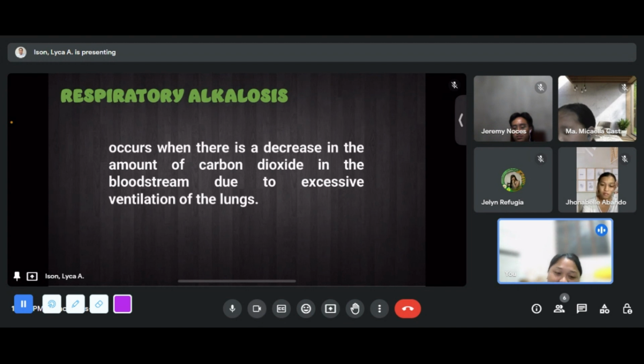So, yung infant, nade-develop na itong respiratory alkalosis na ito yung higher than normal blood pH level caused by a decrease in carbon dioxide levels in the blood. So, ito yun. Yung sinabi ko kanina. Hindi ko na ulitin kasi alam niya naman na yun.